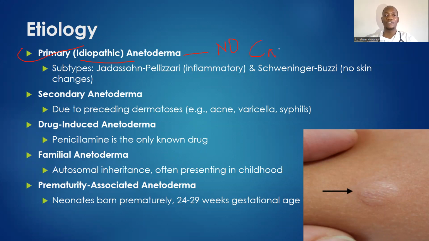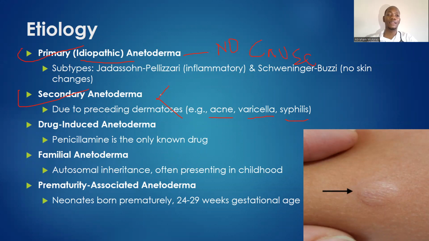Then it becomes secondary if it is preceded by different dermatoses, which can be infectious or inflammatory. Under infectious, you can have things like acne, or infections like varicella or even syphilis.